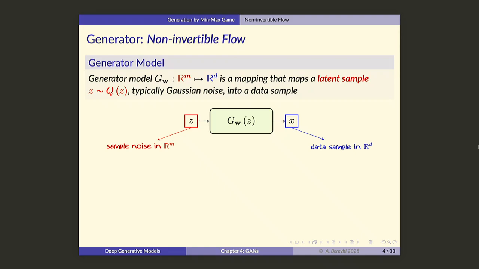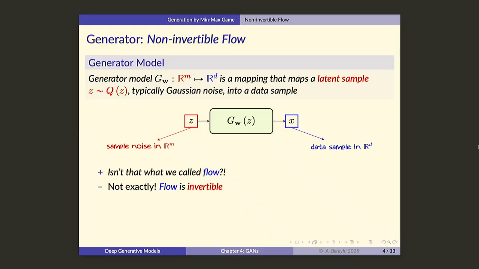This guy in the latent space, we typically assume it has a kind of distribution. This is an easy-to-sample distribution, exactly like flow-based models. And this whole generation process is going to convert it into the data sample, the sample which is somehow distributed with your data distribution. Now, you might tell me this is flow.